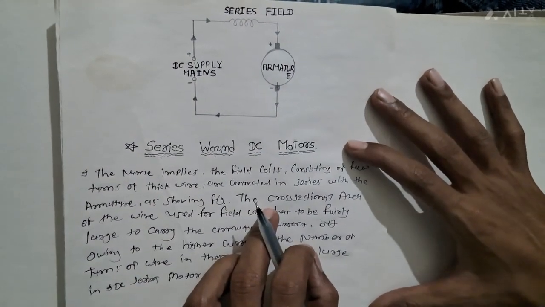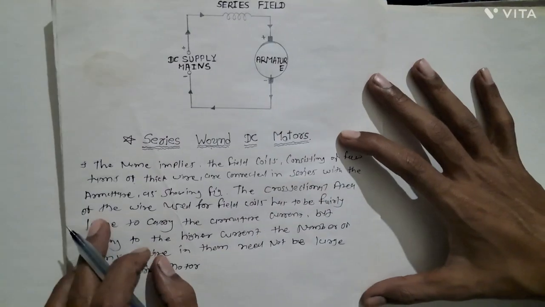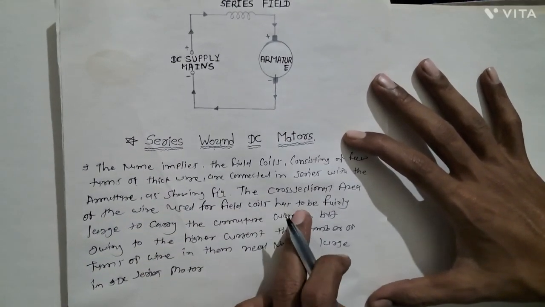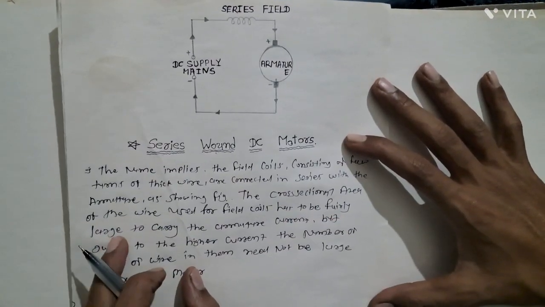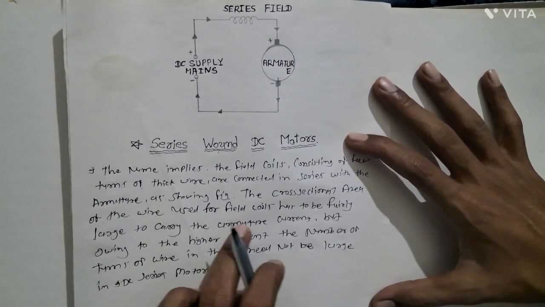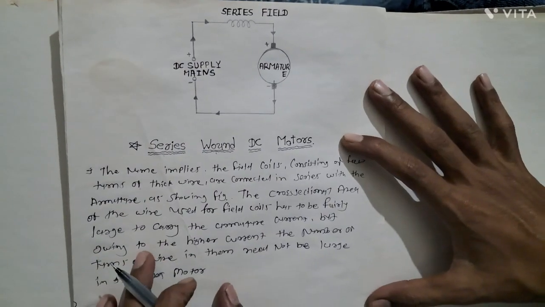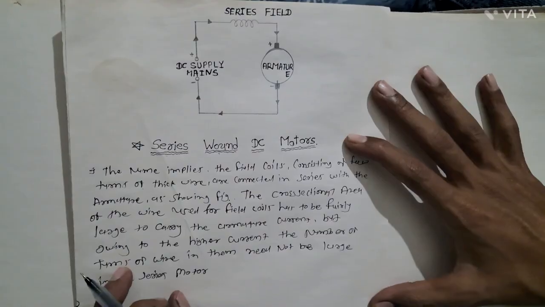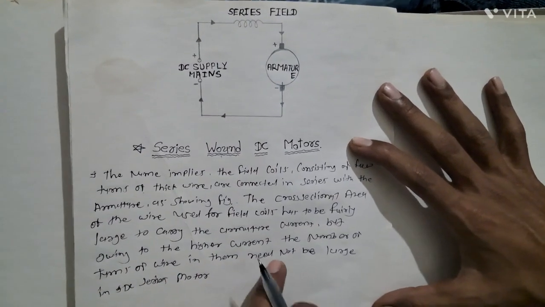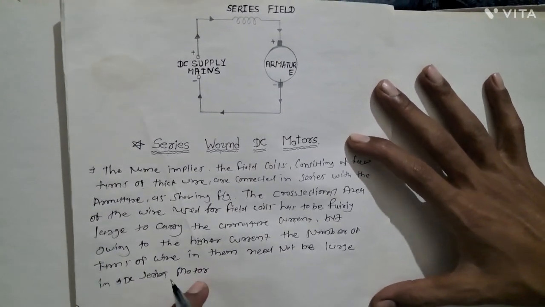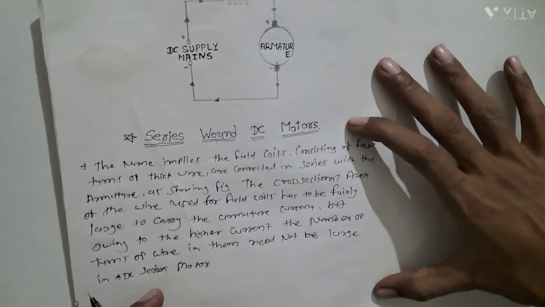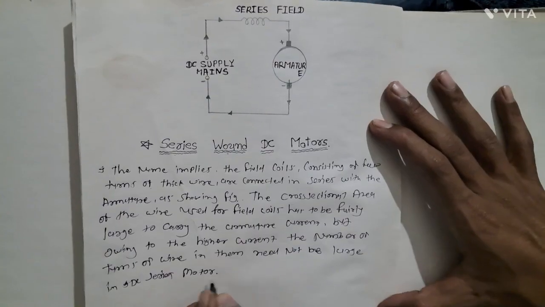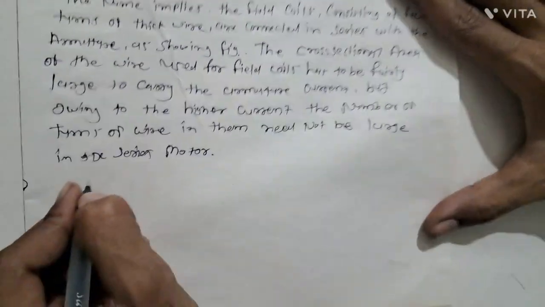The cross-sectional area of the wire used for field coils has to be fairly large to carry the armature current, but owing to the higher current, the number of turns of wire in them need not be large. Now the formulas.